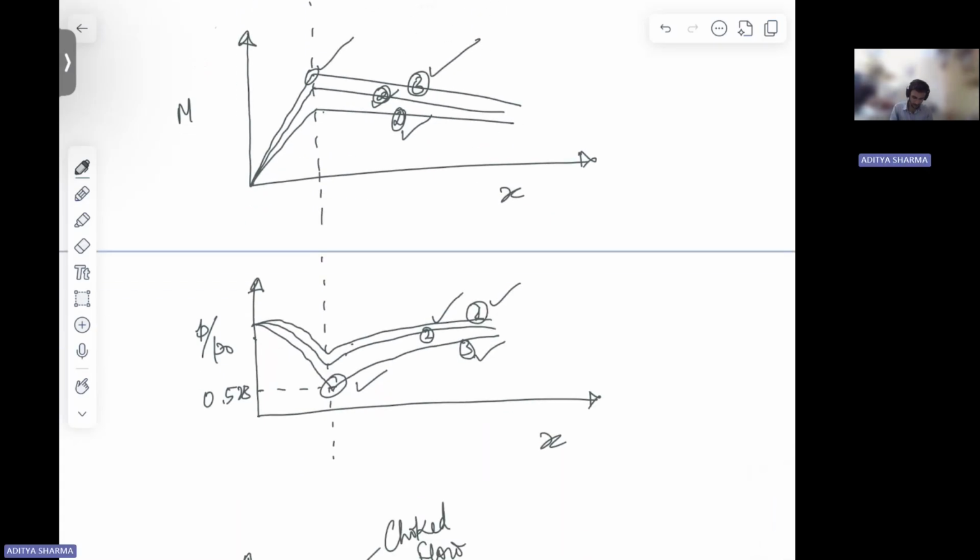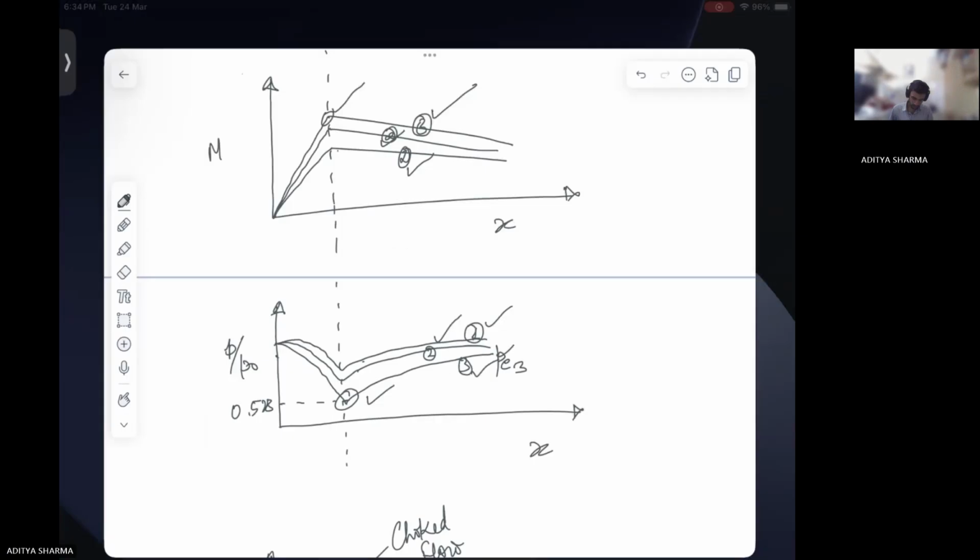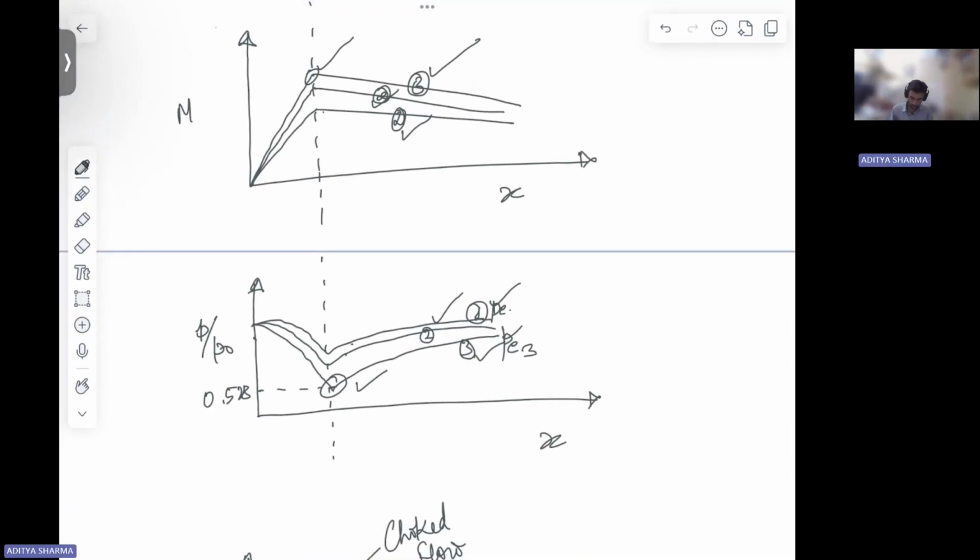The third position is your choked case, and there is some exit pressure corresponding to this. Let's say this is PE3. Before this, at PE1 and PE2, the flow was not choked. At PE3, the flow has got choked.